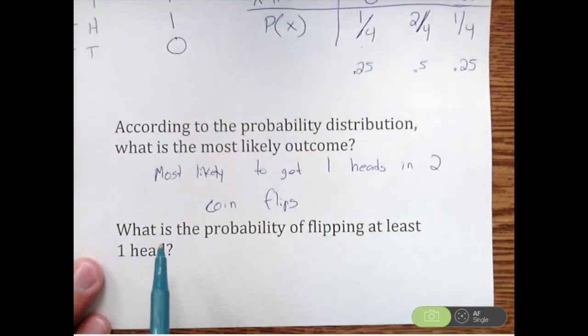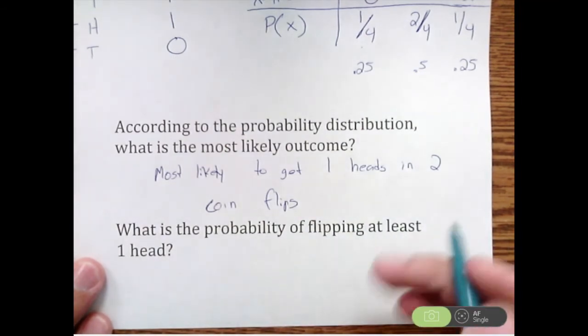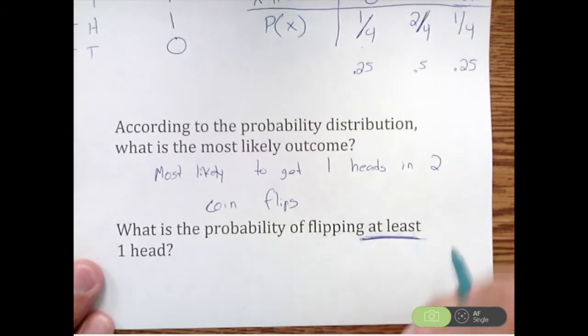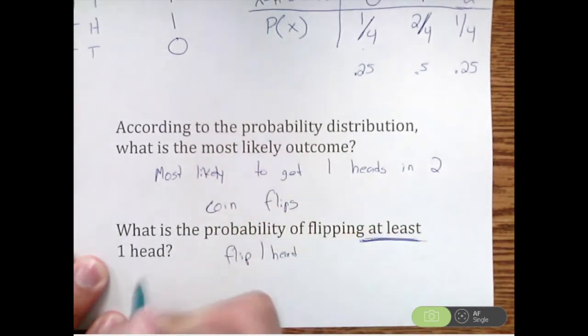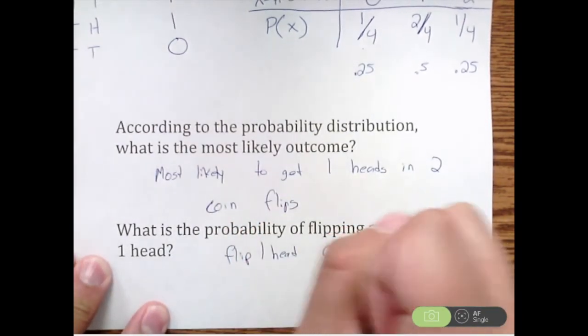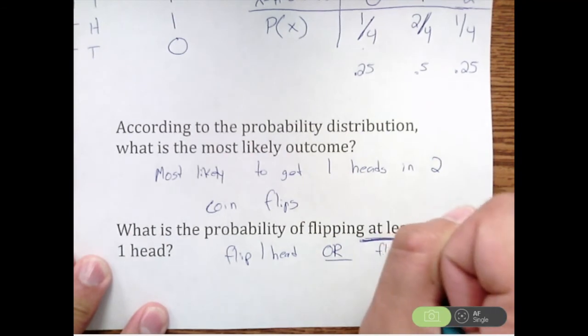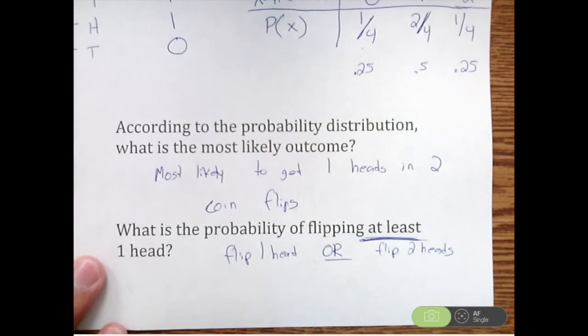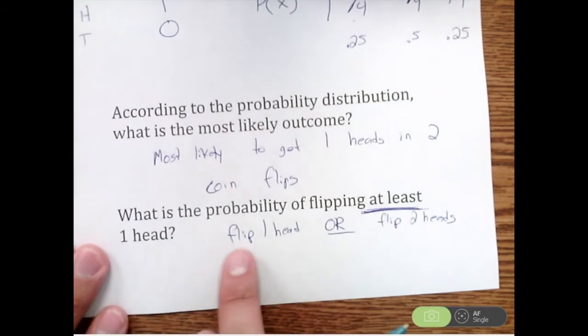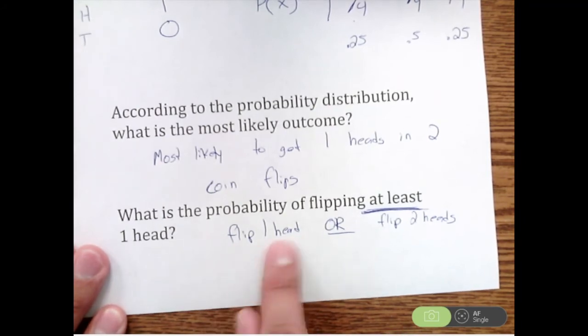So what is the probability of flipping at least 1 head? You're going to have to pay very close attention to what they're asking. At least 1 means I can flip one head, because that's at least one, or I can flip two heads, because two heads is still at least one. So you've got to be careful with that. So what's the probability of flipping one head?